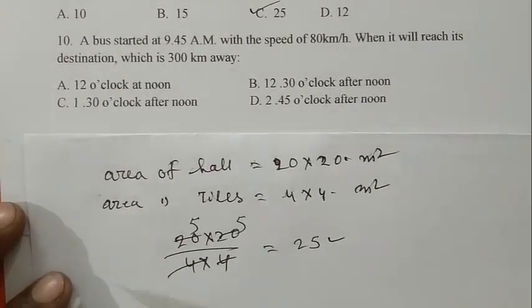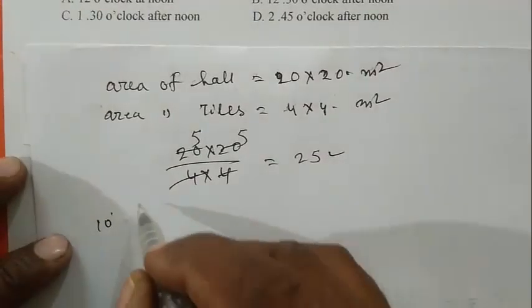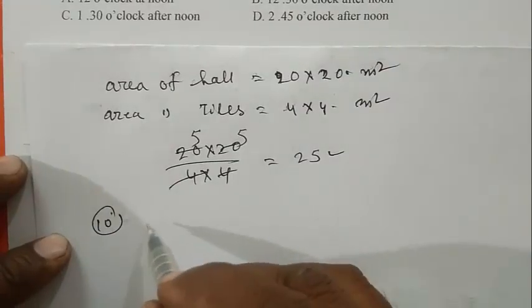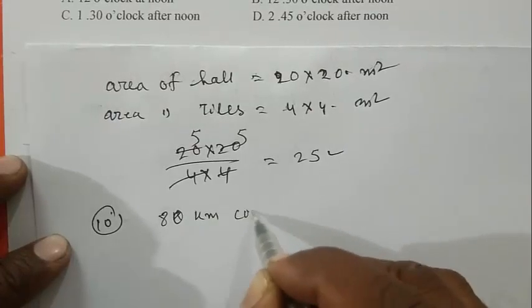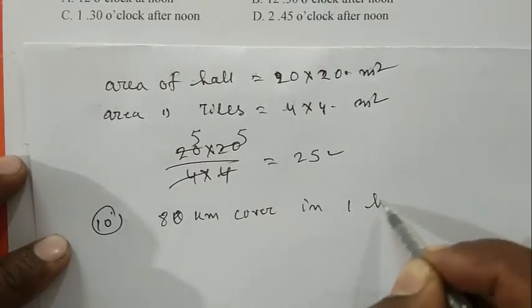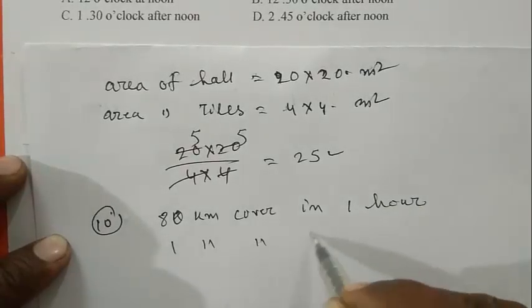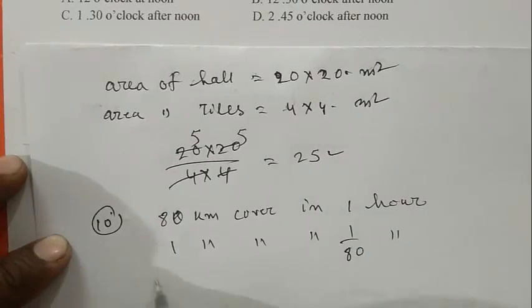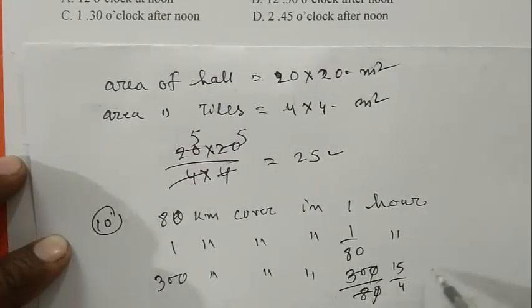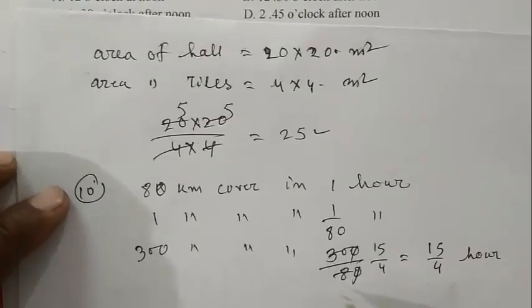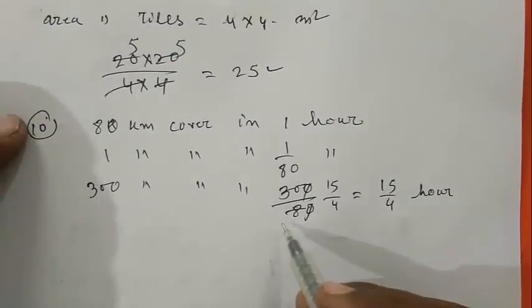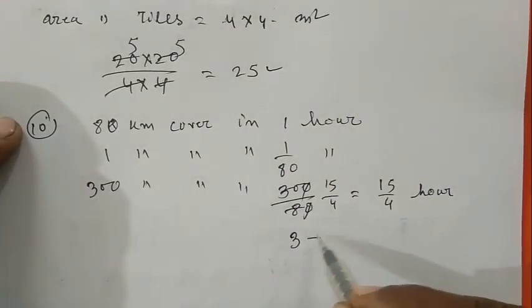So from the unitary method we calculate: 80 km is covered in 1 hour. 1 km is covered in 1 by 80 hour. 300 km is covered in 300 divided by 80, that is 15 by 4 hours.